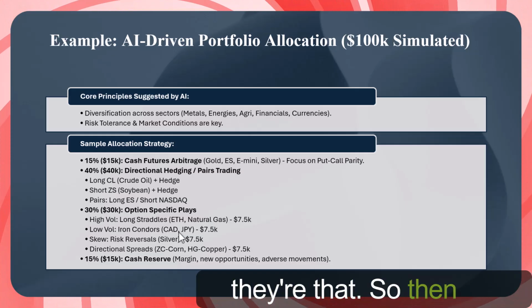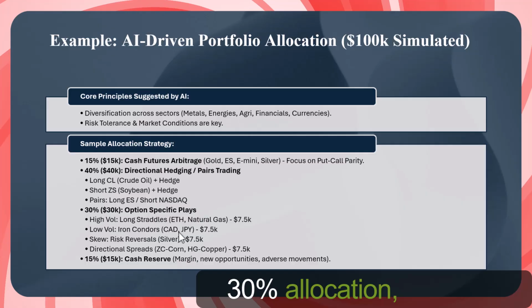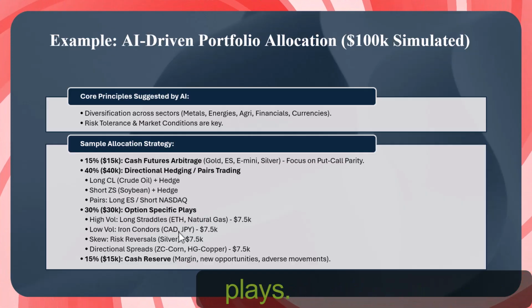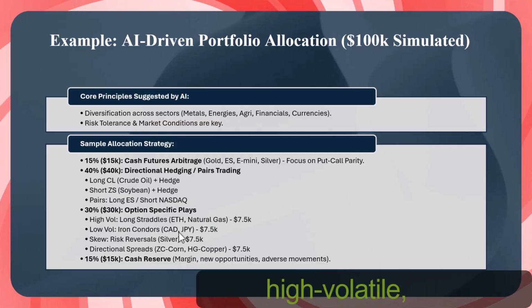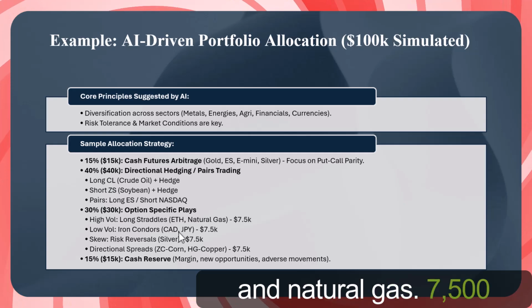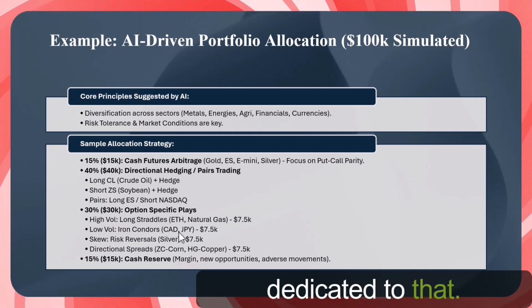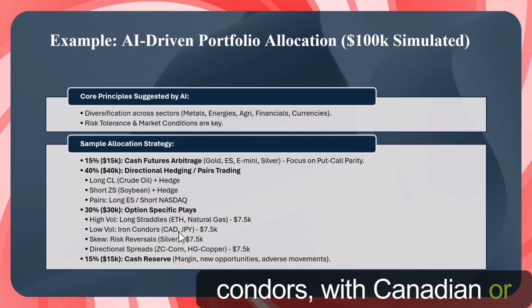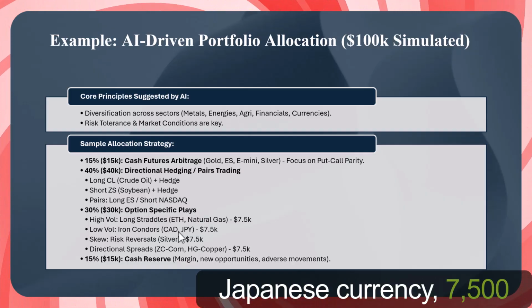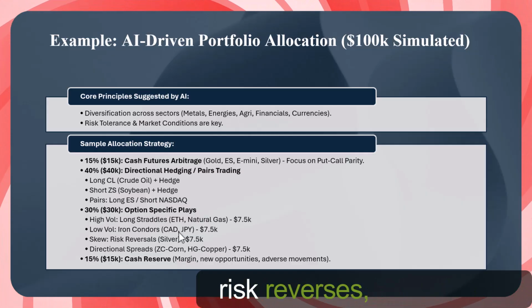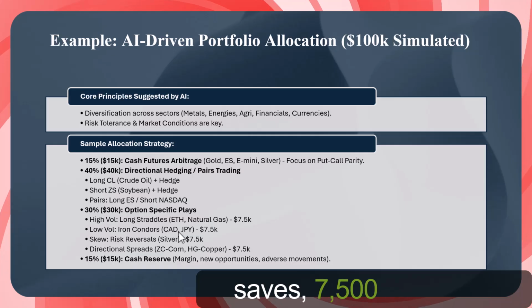Okay, so there's that. So then we can also apply maybe a 30% allocation and only focus on option specific plays. That could include high volatile, long strategies on Ethereum and natural gas. 7,500 dedicated to that. Low volatile with iron condors with a Canadian or a Japanese currency. 7,500 dedicated to that. We can then focus on the skew risk reversals on silver, let's say, $7,500 on that.